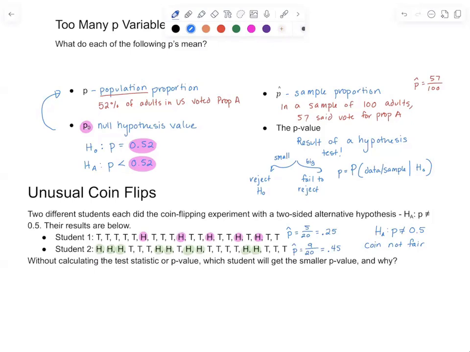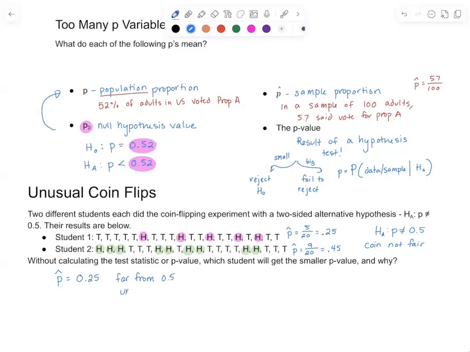So the question we want to answer here is, without calculating the test statistic, without calculating the actual p-value, which one is going to get a smaller p-value and why? Okay, so if we have p hat equals 0.25, that's pretty far from 0.5.